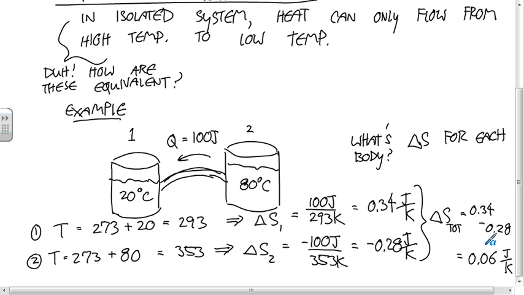Yes, right. The high temperature is transferring heat to the low temperature. So this example is supposed to show how this statement that heat can only flow from high to low temperature gives the result of that first statement of the second law of thermodynamics, saying that total entropy always increases. Do you see that? Okay.